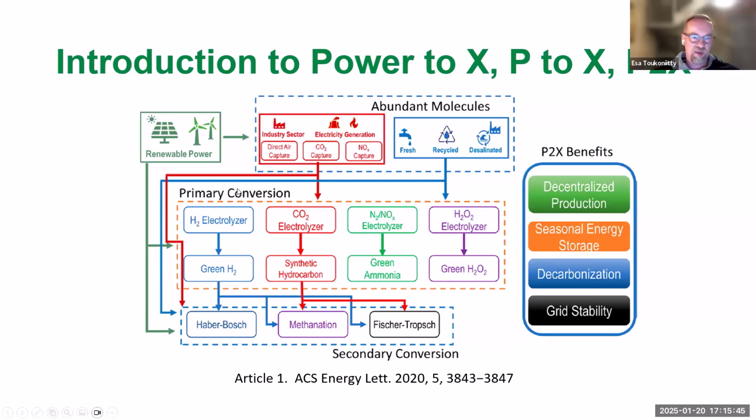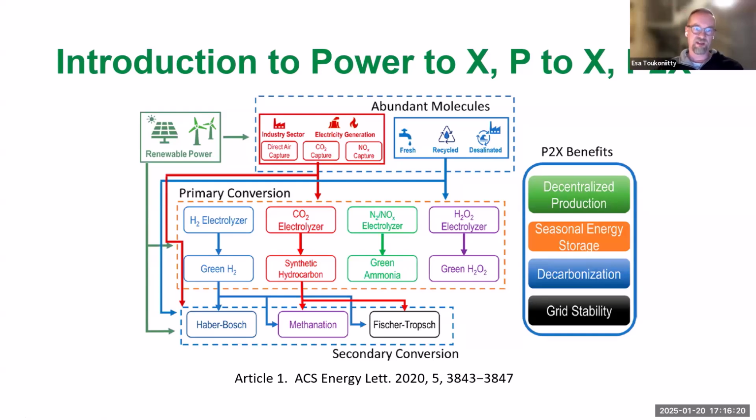So there are the primary conversions, which more or less usually are electrolysis based, and then there are these secondary conversions, like here in the lowest row of the chart, which says Haber-Bosch, methanation, and Fischer-Tropsch. These are basically very important chemical industry processes, very established, very mature technologies that are used today in the petrochemical industry to make products.